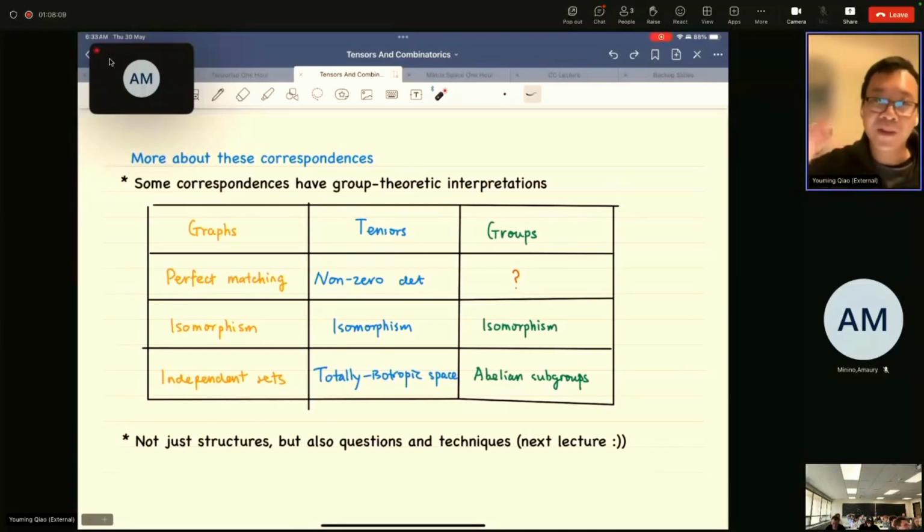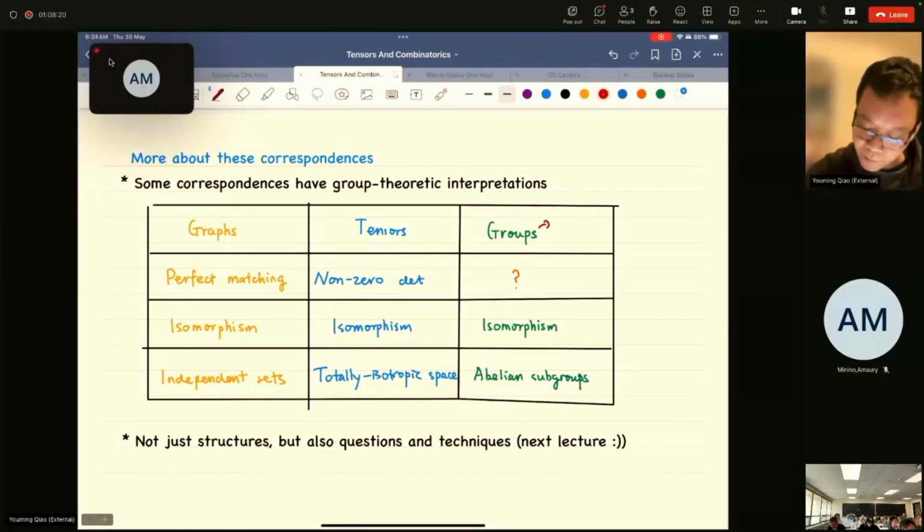So the questions can be asked for general groups. But the correspondence here, yes, you are right, so far it's mostly about class 2, exponent p groups.